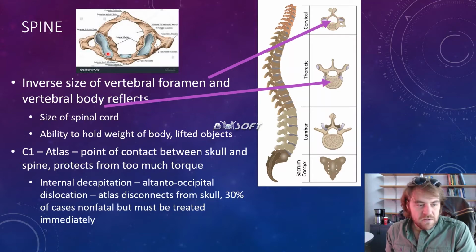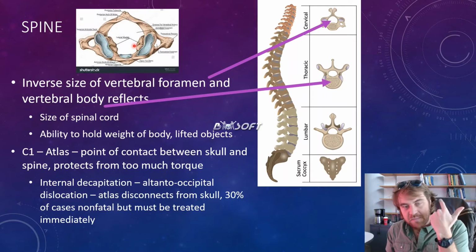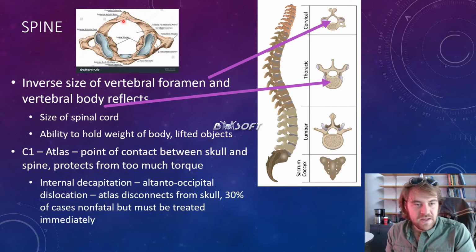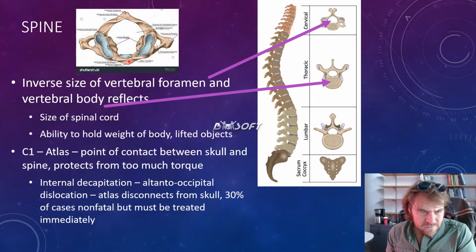If you look here, this is the C1, the very top cervical vertebra that interfaces with the skull. It's got a huge vertebral foramen, right? There's hardly any vertebral body at all. I mean, sort of here you could say that's where the vertebral body would be, but it's got a huge vertebral foramen.